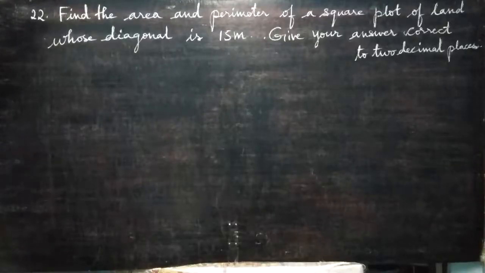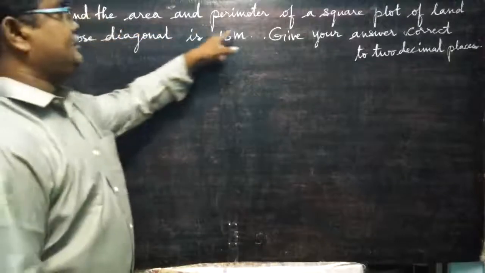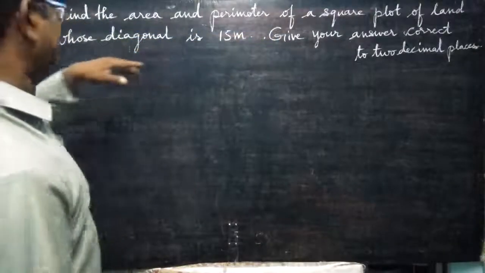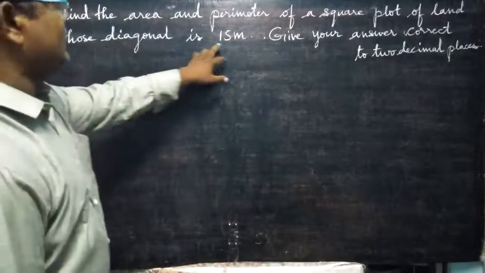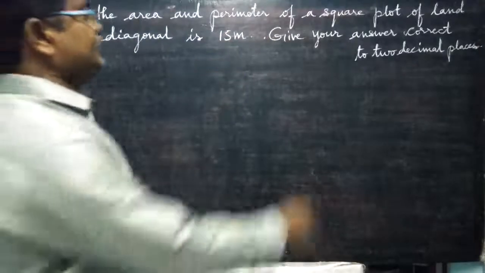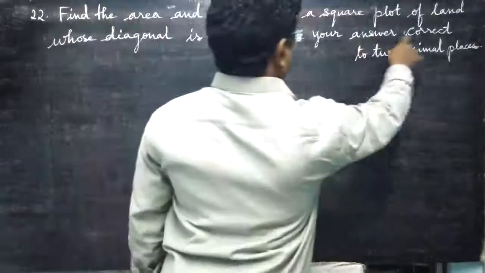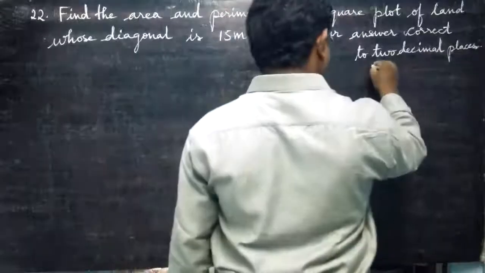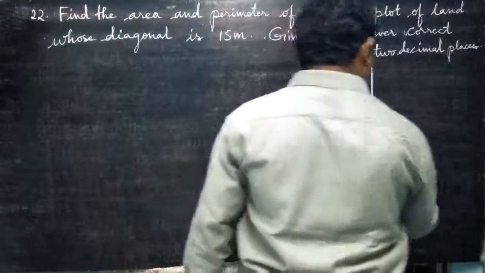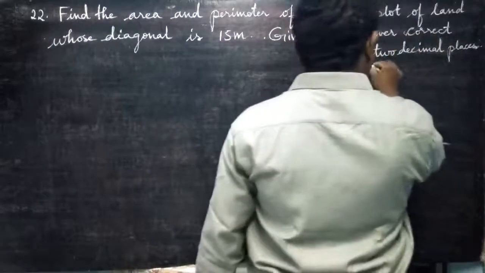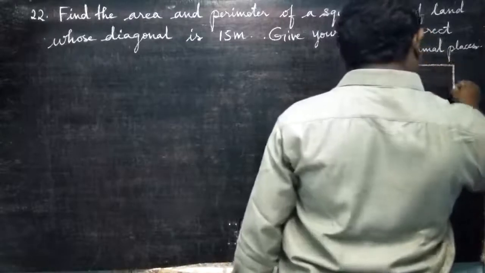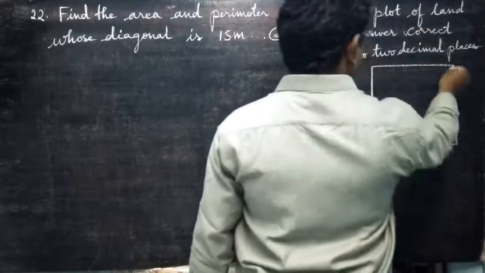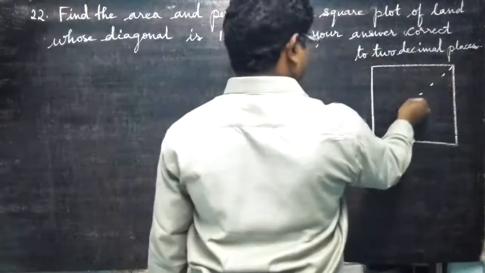22nd problem. Find the area and perimeter of a square plot of land whose diagonal is 15 meters. Give your answer correct to 2 decimal places. For the square, they have given the diagonal. Through the diagonal we have to find the area and perimeter.